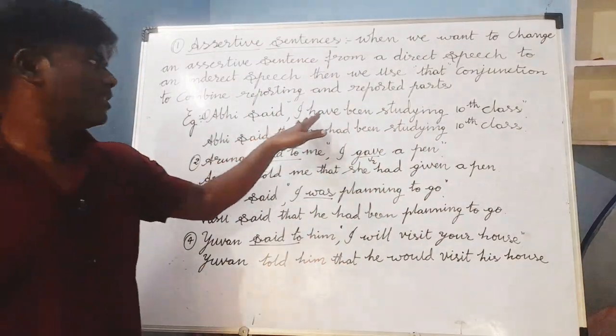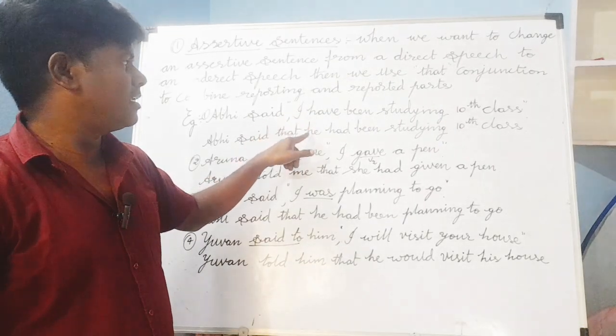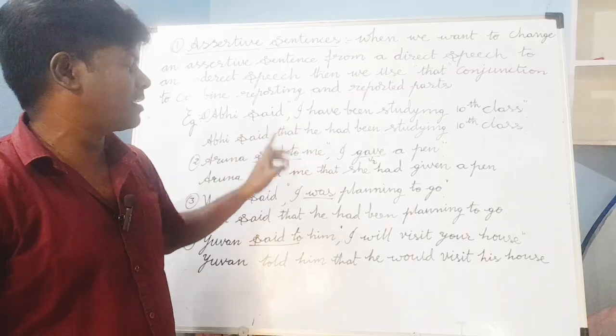So here this reporting part is in present. Reported part is in present perfect continuous tense. Change it into past perfect continuous tense. This is in present perfect continuous tense. Change it into past perfect continuous tense.